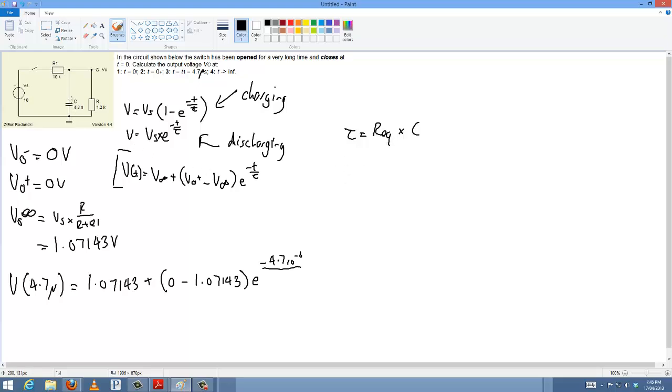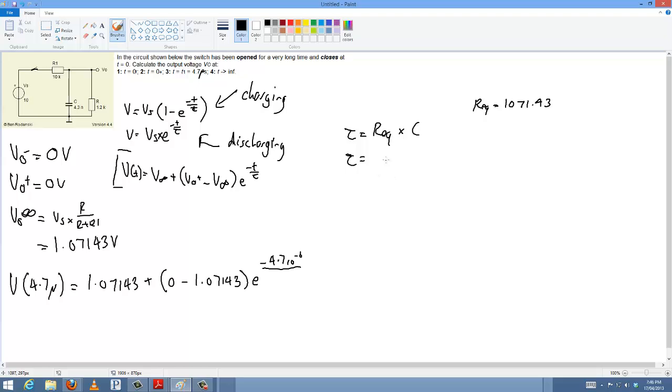And if you look at here with that closed, R1 is in parallel with R, so our R equivalent is going to equal 1071.43. It's 428, but we can just leave it there. Multiplied by C. I do this just because it makes it easy to put into the calculator, so you don't have to worry about brackets.